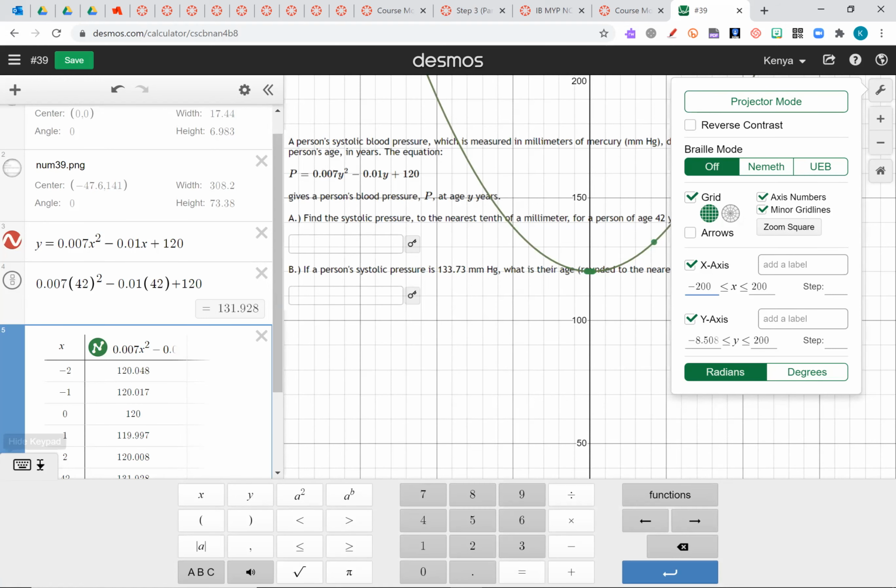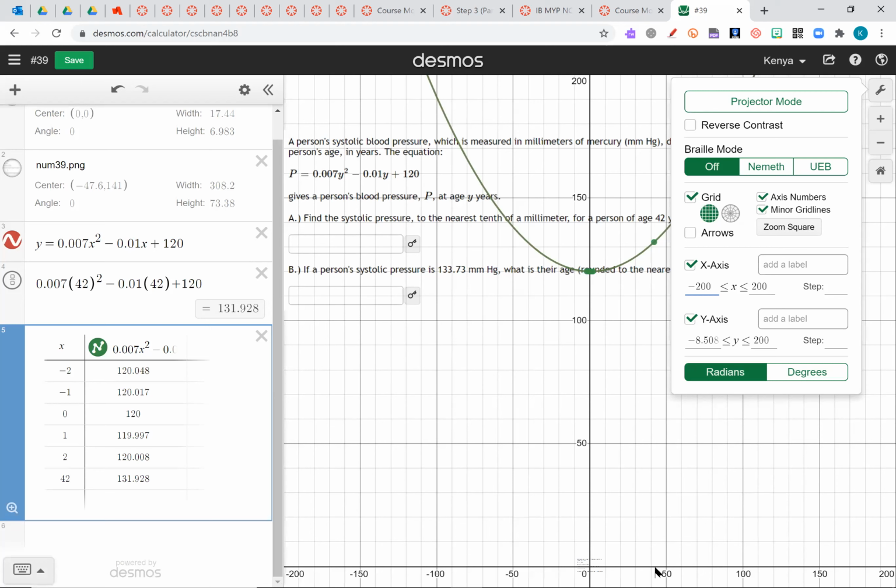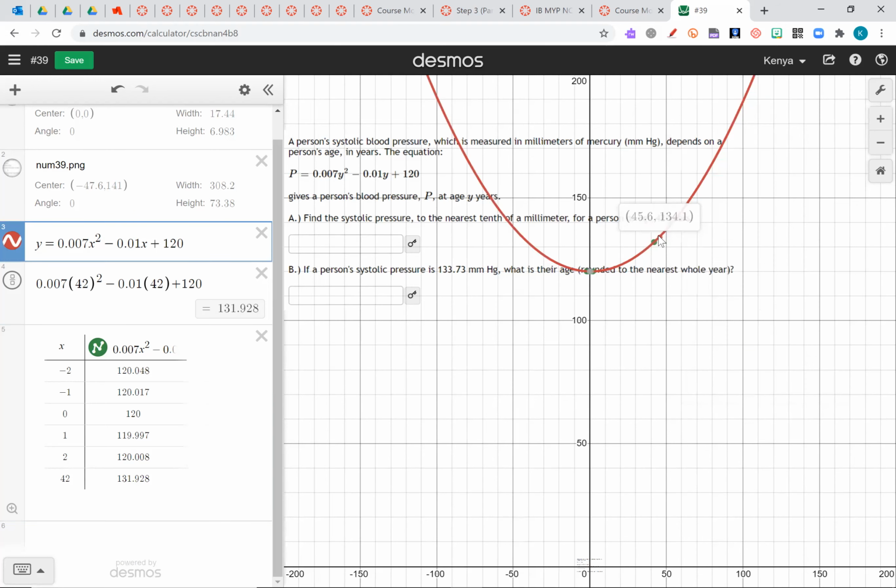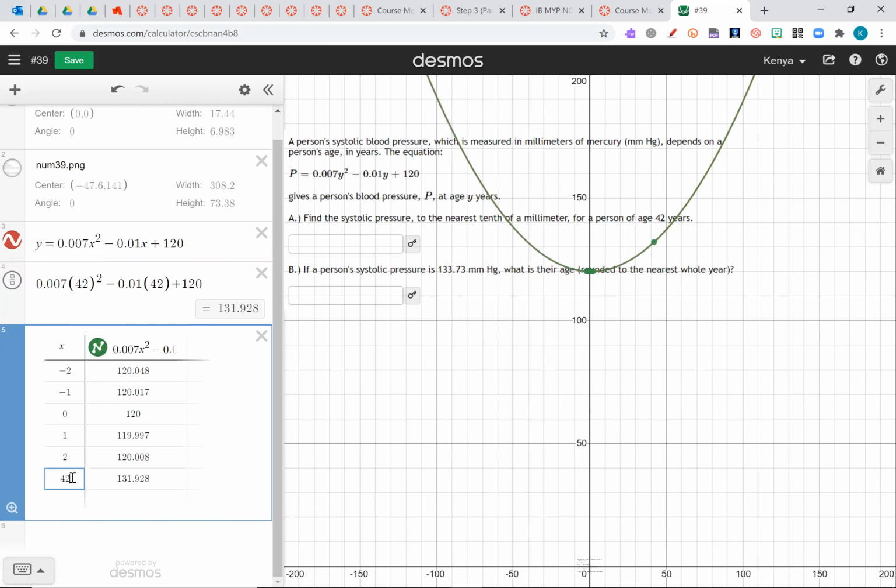Well, unlike before, it's going to be hard to tell what is 42 on here. 20, 40. So this right here goes to 50. So 42 is going to be somewhere in here. And I can come to the graph and look for 42 as best as I can, right? But who has time for that? That's why it's easier for you to just plug it in or use the table.